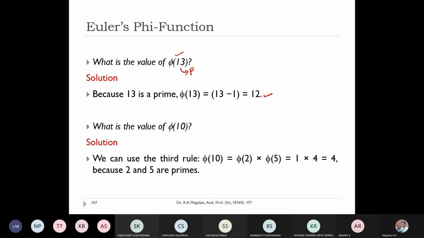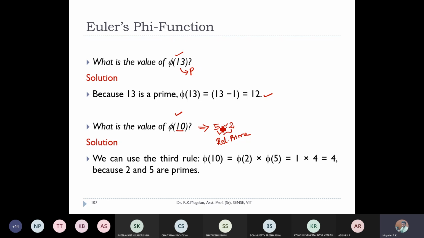So what is the value of phi of 10? For phi of 10, you can't go with 10 minus 1 because 10 is not a prime number. But I can write this 10 as a product of two integers, like 5 times 2. And at the same time, this 5 and 2 are relatively prime to each other.